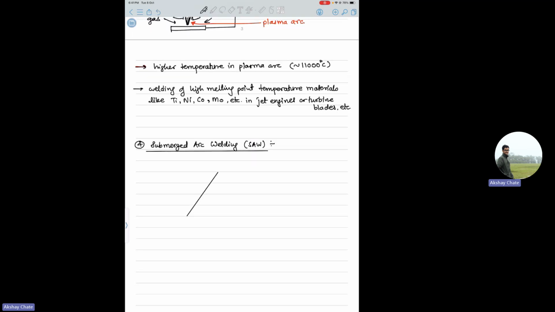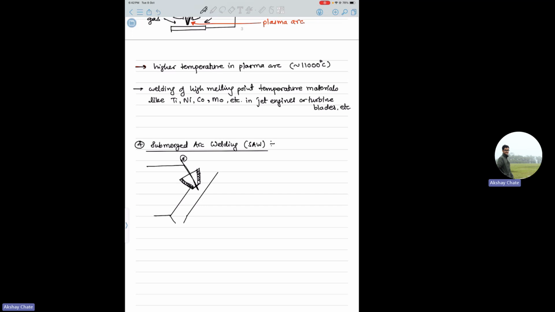So if you have a weld pool like this, then you'll have your cone like this. Okay, so this is your cone or inert gas kind of nozzle, but it does not have inert gas. What it has is a consumable electrode, like this with some spool or something, and again you'll have a power supply. Basically this will be your workpiece, right?